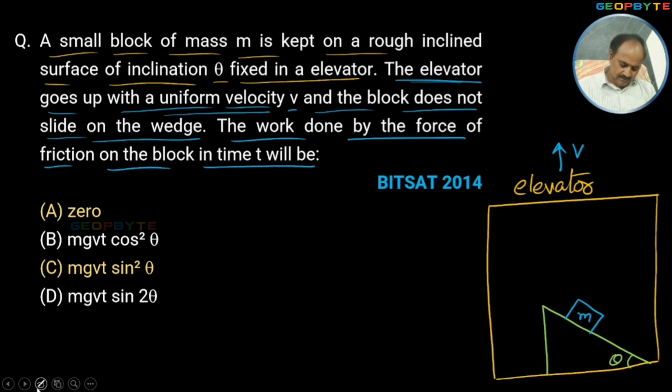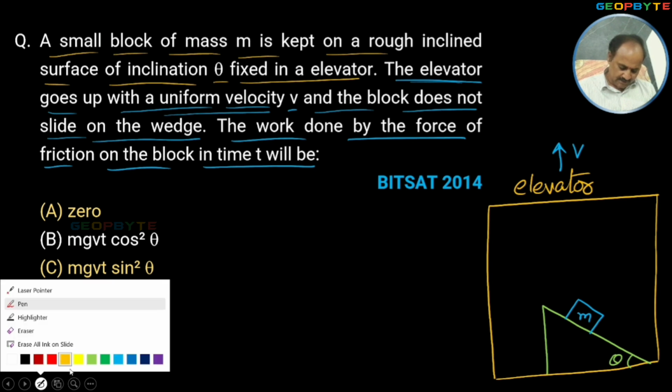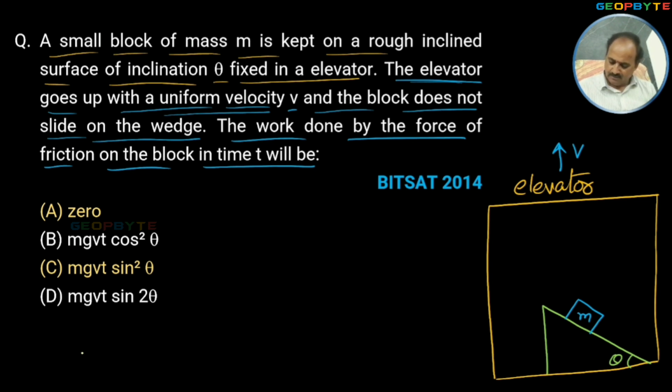Now for that, first let us write the work formula here. Look at the force which is acting here. Frictional force is acting along the plane, right? This is the direction of frictional force F. It is making an angle theta.